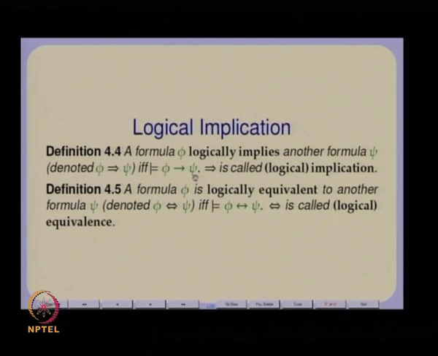Whether this whole statement is true or not depends on a particular truth assignment. But this validity means that for all truth assignments, the truth content of phi is less than or equal to the truth content of psi. If it is so for all possible truth assignments, then phi logically implies psi.